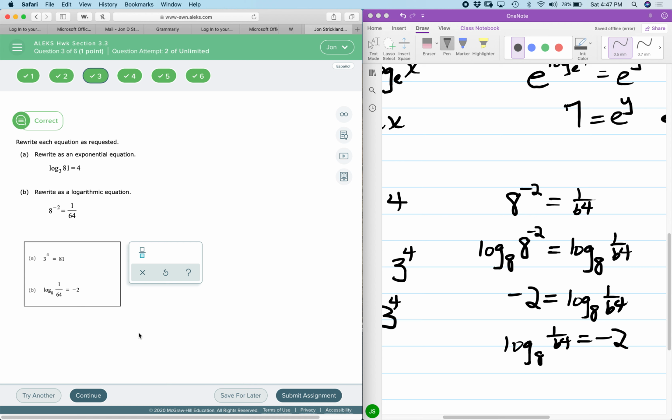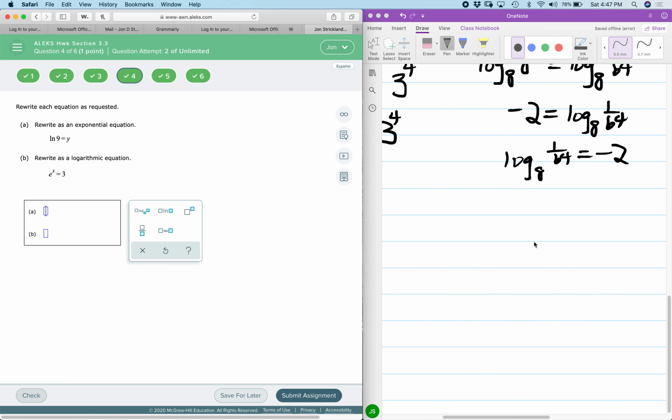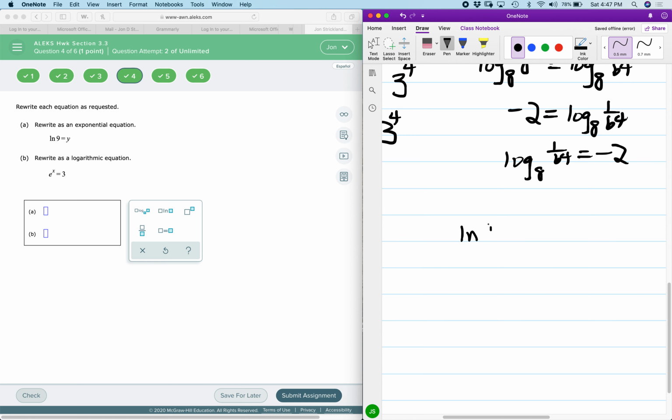All right. Now, for number 4, rewriting as an exponential equation, we have the natural logarithm of 9 is equal to y.